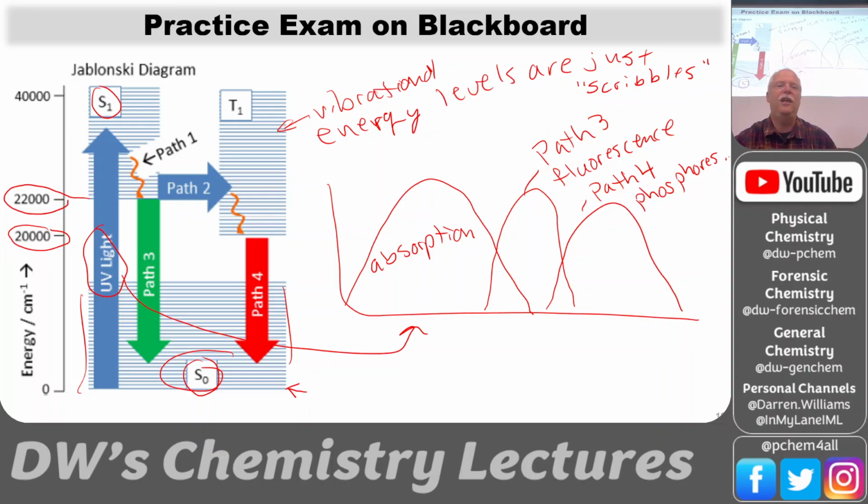So even on the same exam, you've got to do some code switching. Am I talking about a Jablonski diagram? Now I'm talking about a capital S as a singlet and the capital T is a triplet state.